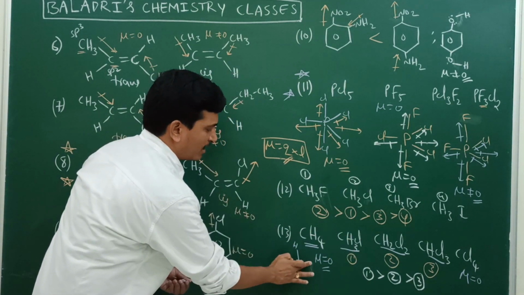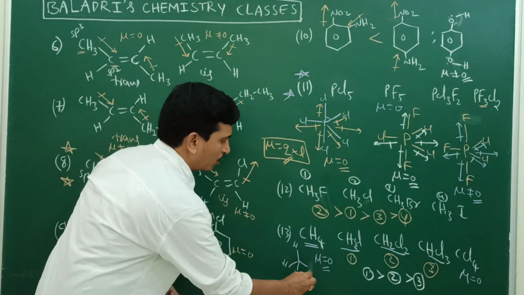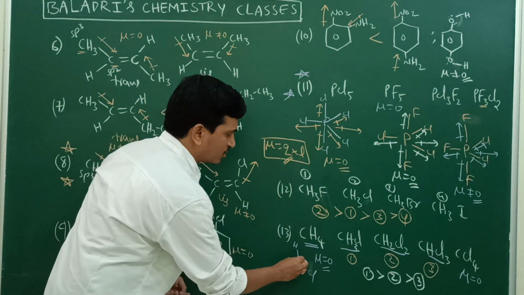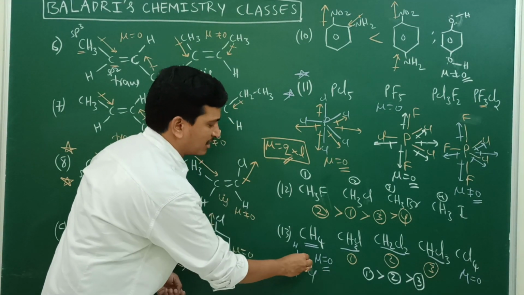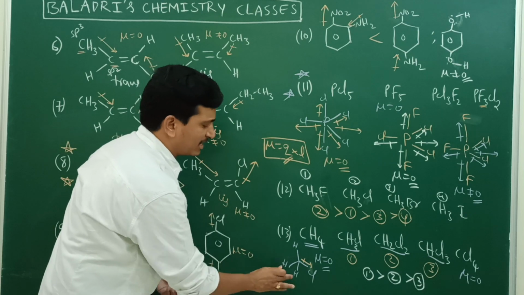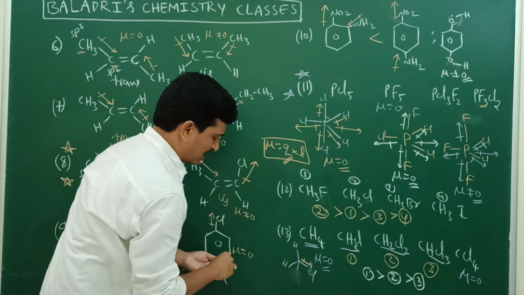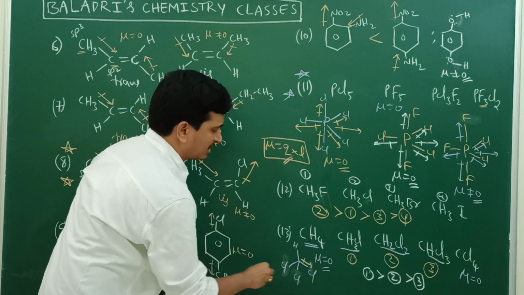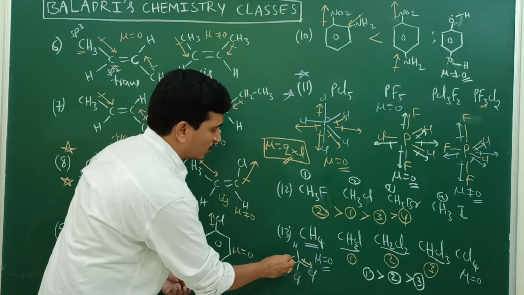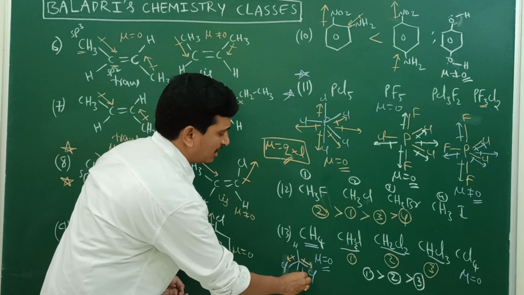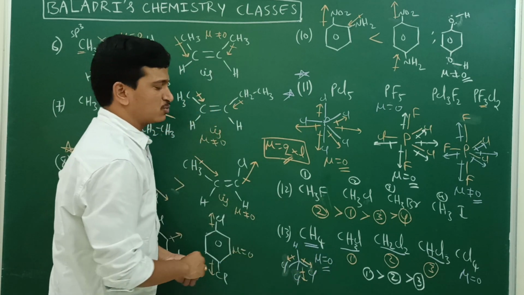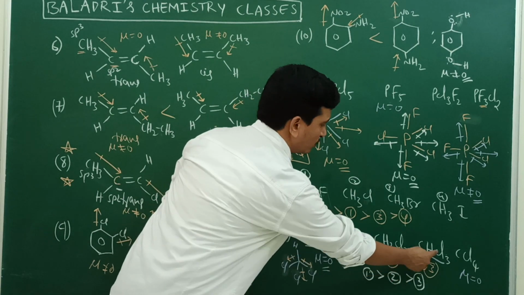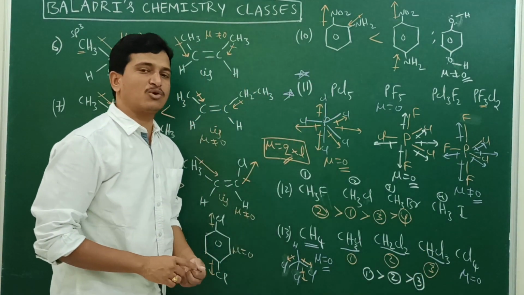CH3Cl is there, suppose I replace one of the hydrogens with chlorine. Now between carbon and chlorine, chlorine is more electronegative, which means this vector will undergo dispersion. Like that, if the number of chlorines increases, dispersion of the vectors increases. When vectors undergo dispersion, the dipole moment decreases. That's why chloromethane has more dipole moment than dichloromethane, and dichloromethane has more than trichloromethane.